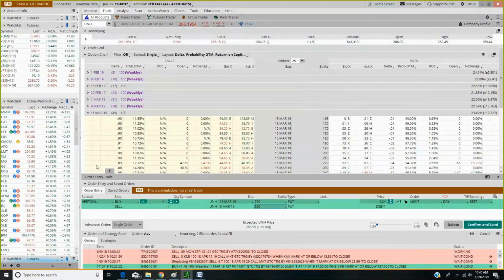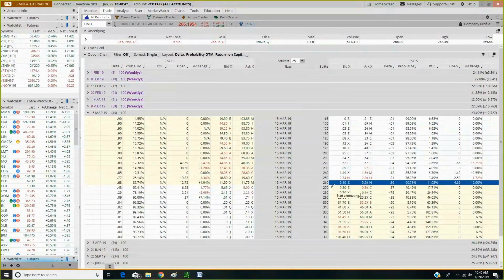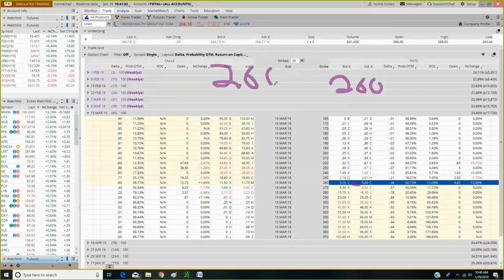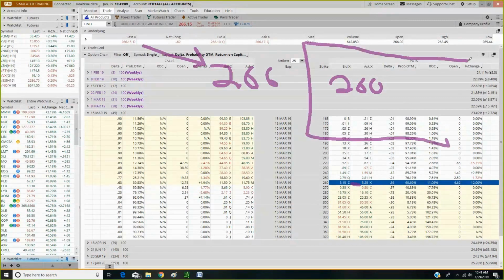So this position would cost me $424. If I bought the put outright, I have to do it on the ask, it would cost me $520. Now somebody tell me, if I buy the 260 put, the stock right now is at 266, this is a very important question.